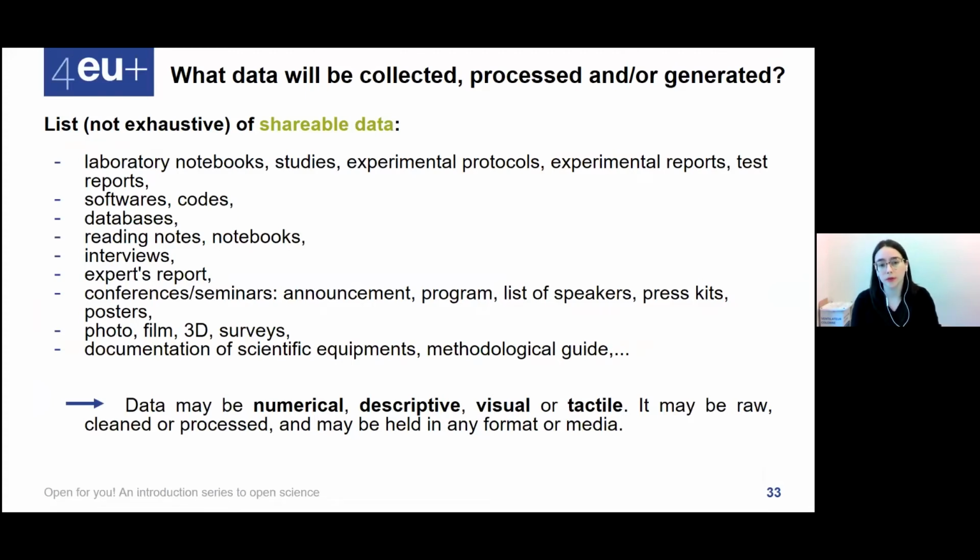You have the laboratory notebooks, which are really well known, but you have also interviews, expert reports, programs of seminars, photos, etc. The data may be numerical, descriptive, visual, or tactile. They may be raw, clean, or processed. It could be any format or media.